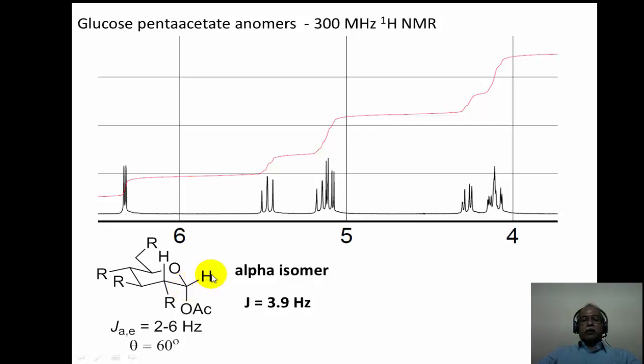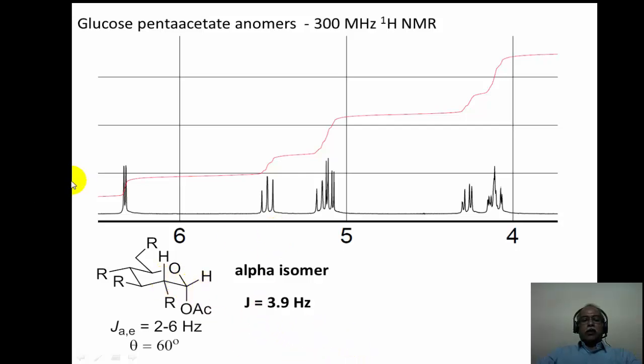If you look at this particular hydrogen, it has a coupling partner in the adjacent carbon, so it is a vicinal coupling between these two. The dihedral angle between these two hydrogens is about 60 degrees. So one would expect around 2 to 6 Hz as the coupling constant value between axial and equatorial hydrogens in terms of the vicinal coupling that one can see.